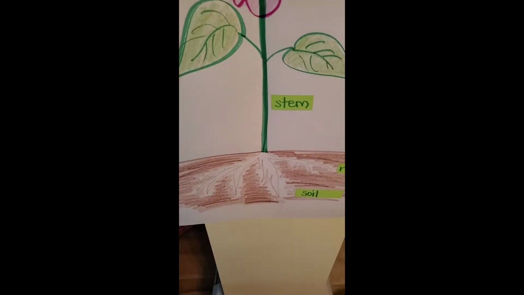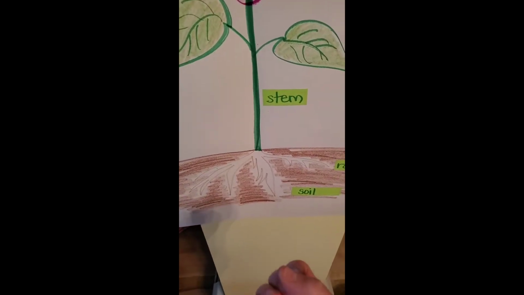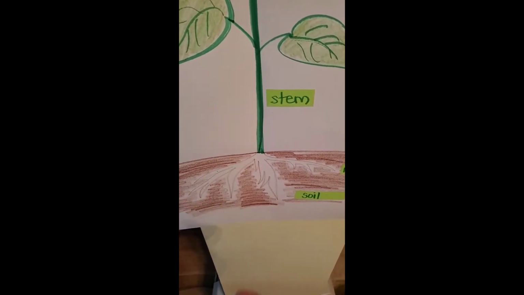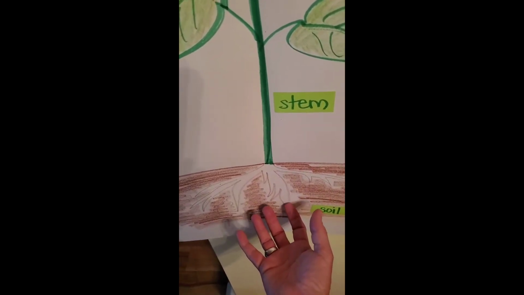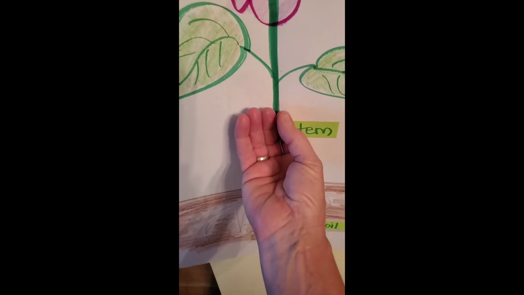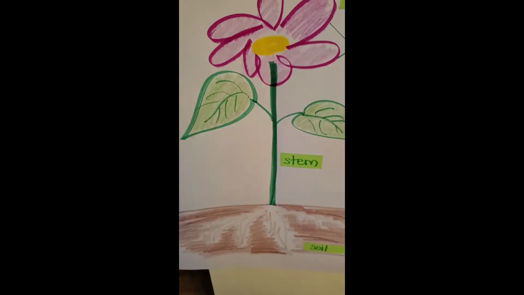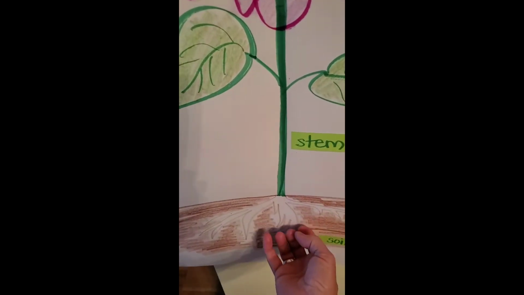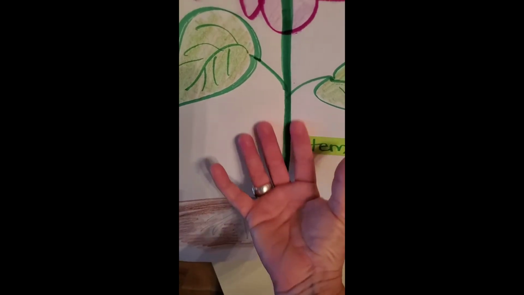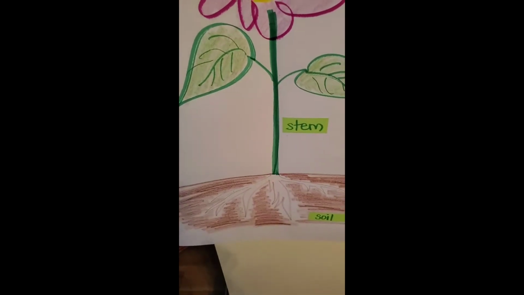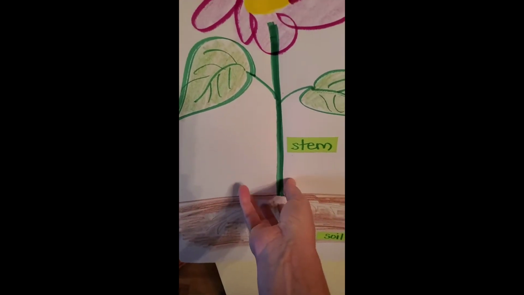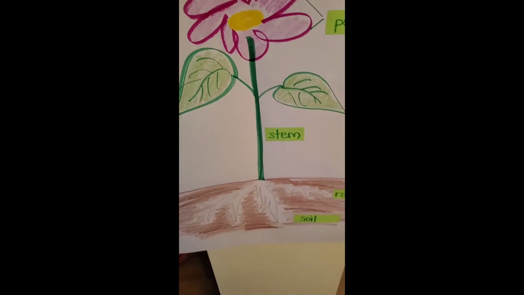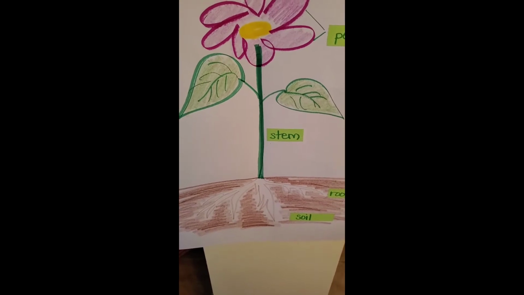Duke Dogs, one more word I want us to talk about is nutrients in the soil that the roots soak up to feed the whole plant. And it takes in water and takes it to the whole plant. And that word for taking water and nutrients out of the soil is absorb.